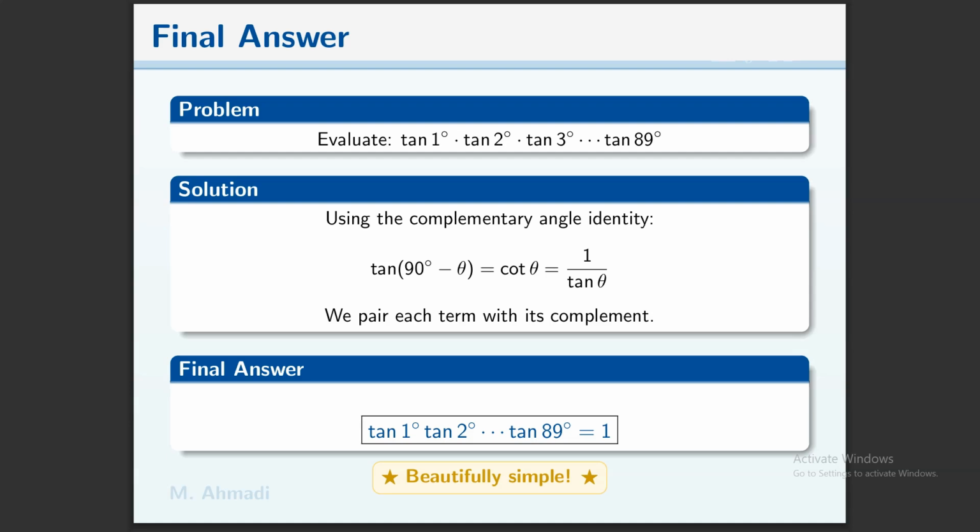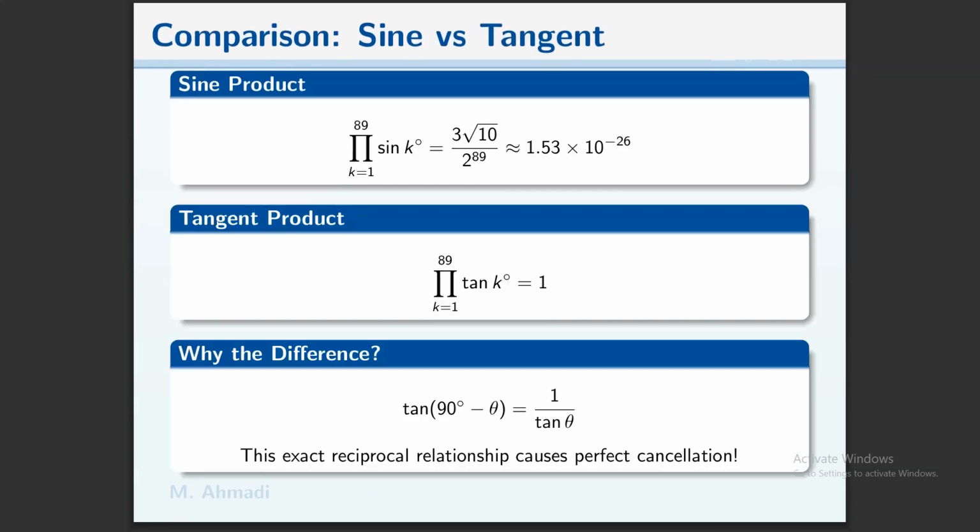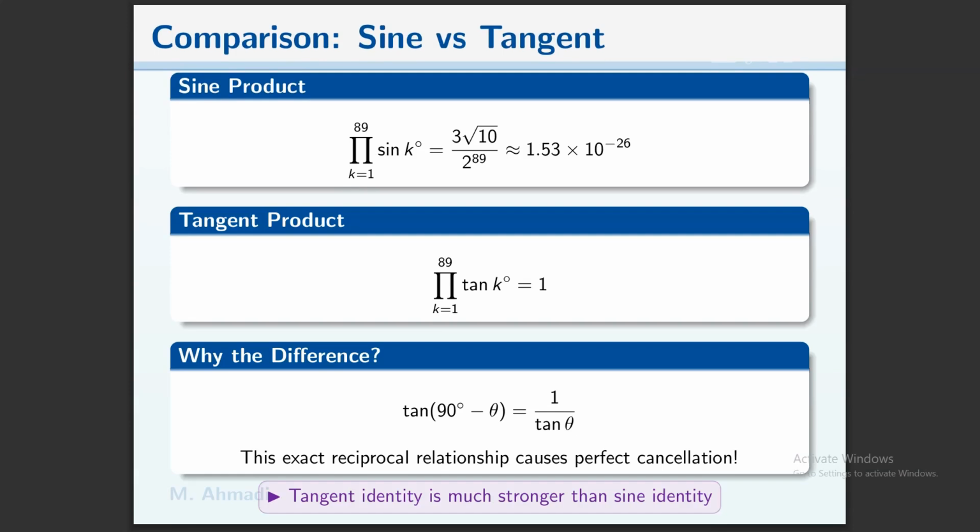It's beautiful and simple, and we can also compare the tangent versus sine. In the previous video we proved that the product of sine k degrees from 1 to 89 is equal to a small number, 1.53 multiplied by 10 to the power of minus 26.